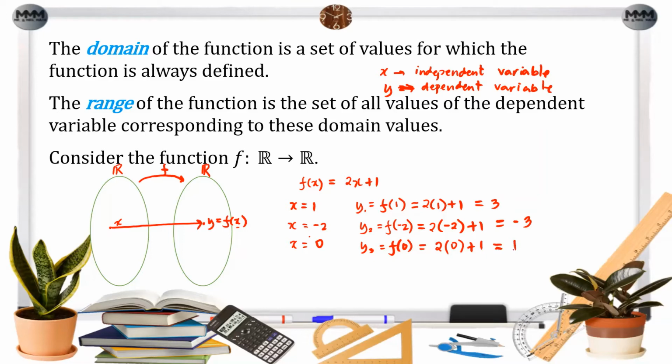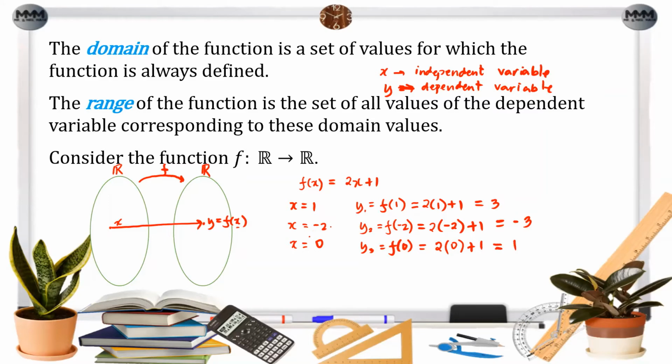Now, as you noticed here, if we assign any values to our x, a real number, the value of the y changes. So when x is 1, our y is 3.